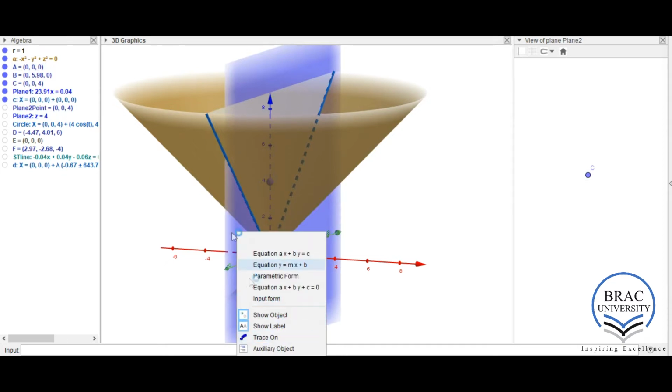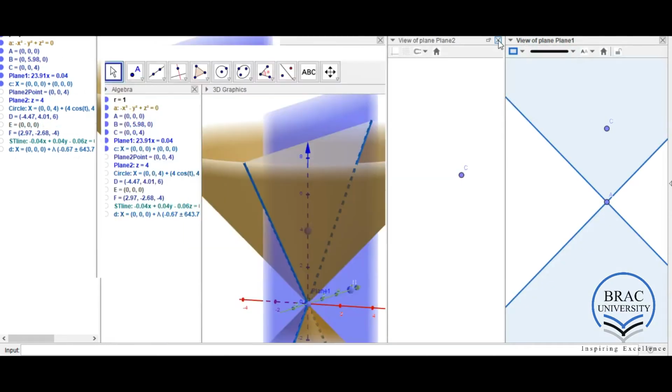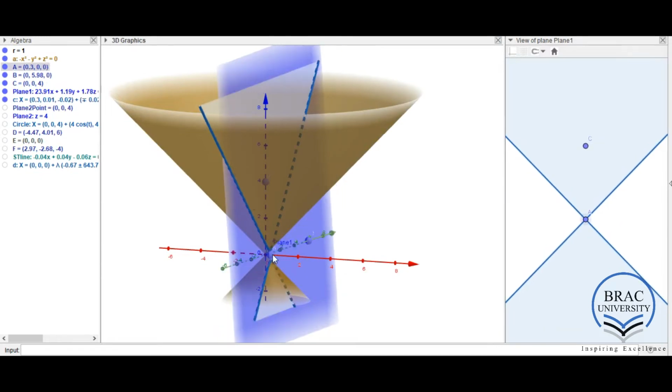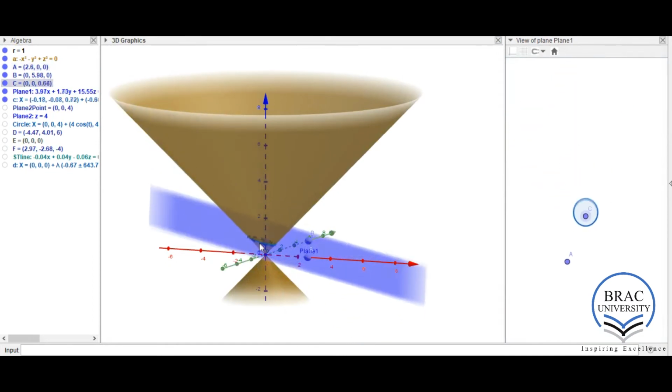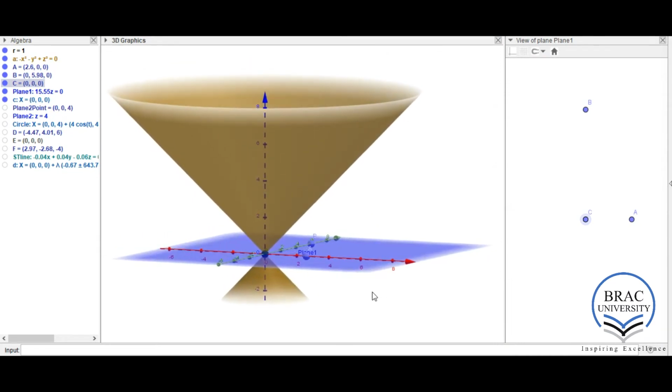If we have a look at this plane in 2D, you will see that we just have two straight lines that are intersecting. So this is a degenerate conic section. We have another degenerate conic section if this is the plane that's intersecting the cone, and this is just a point. You can see there's just one point, and this is also a degenerate conic section.